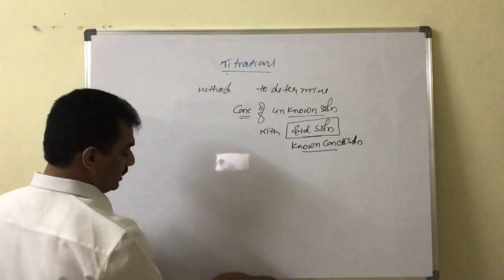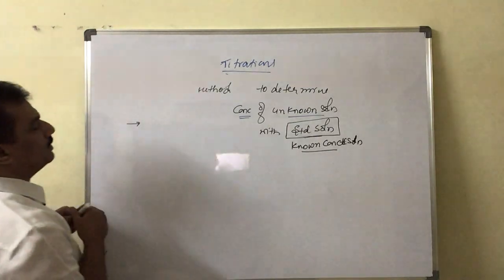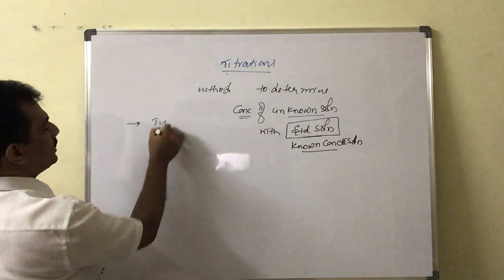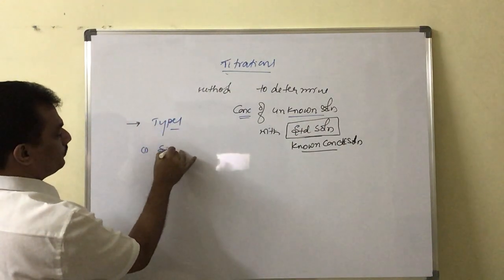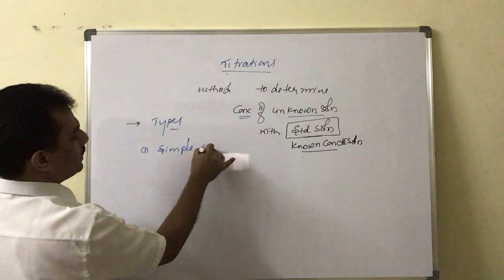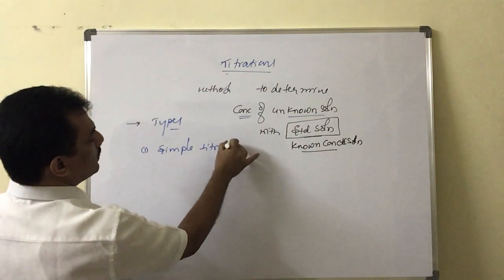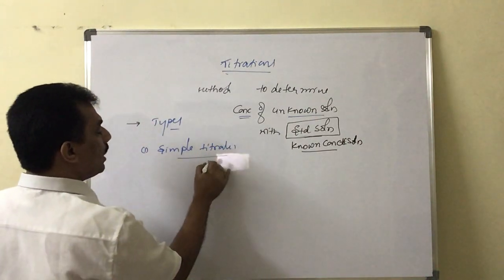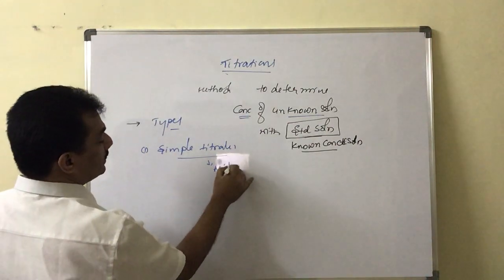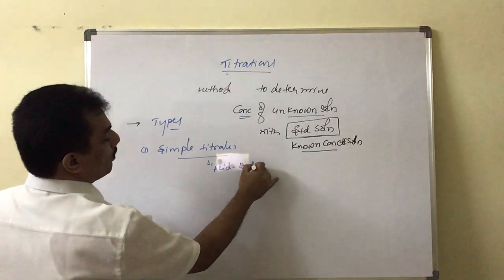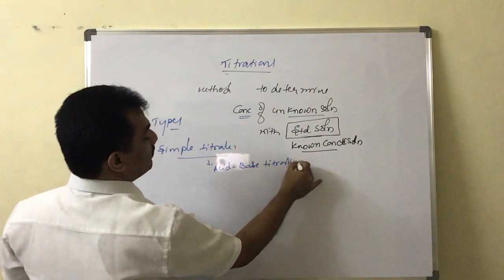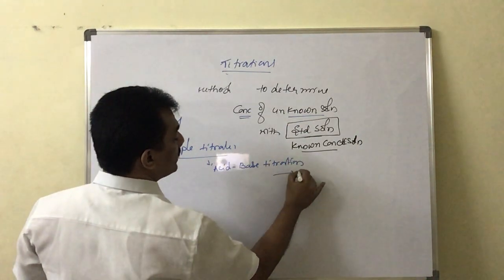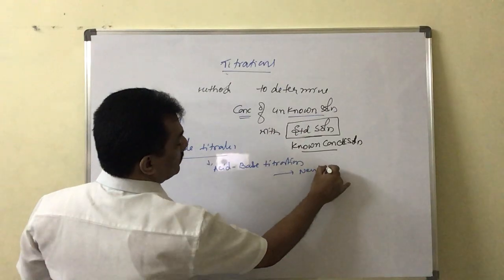Let me give that list of the different types of titrations. First one is simple titration. Simple titrations in general involve acid base titrations. Remember, acid base titrations are also known as neutralization reactions.